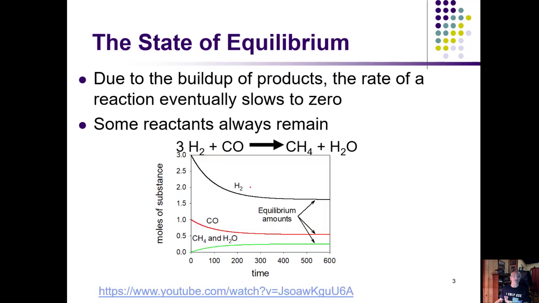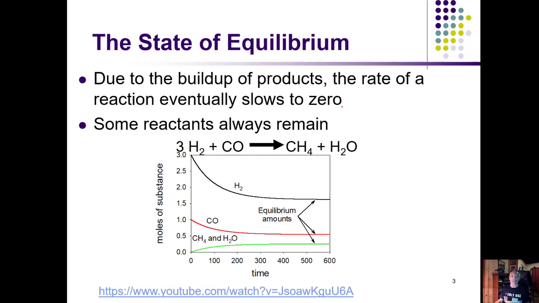What we discover is that if we run a reaction for a while, we're starting to build up products, because remember, reactants are disappearing, products are appearing, and so what happens, and you know this from the kinetics chapter, the reaction slows down. Well, eventually it actually slows to zero.